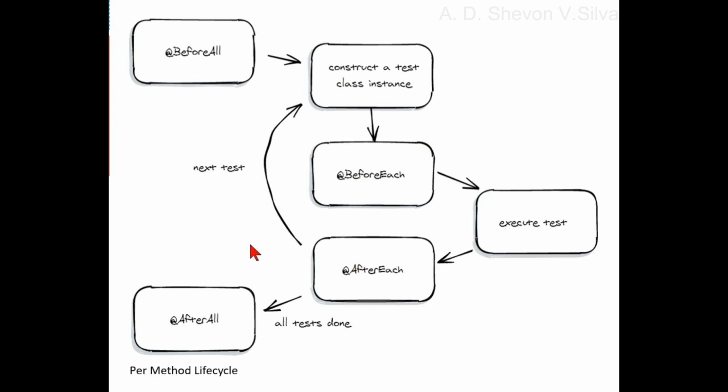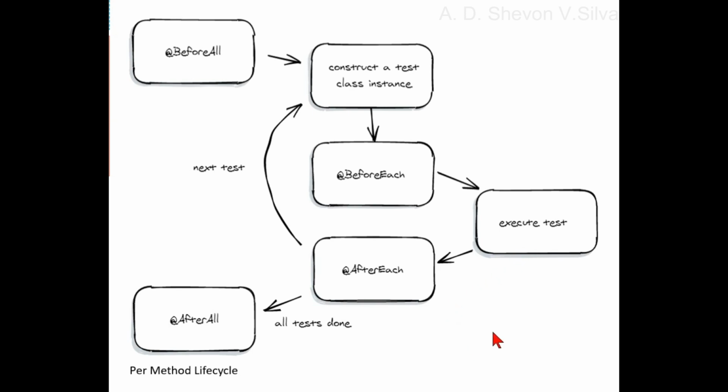Here, before all and after all are static methods normally. This is because when creating a new test instance per test method, there is no shared state otherwise.